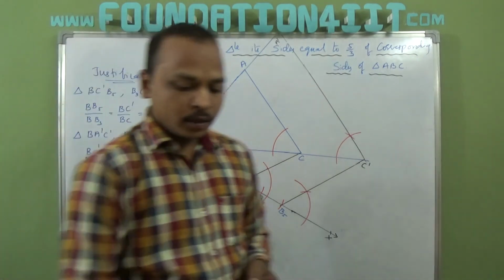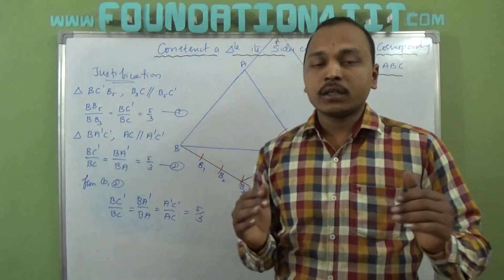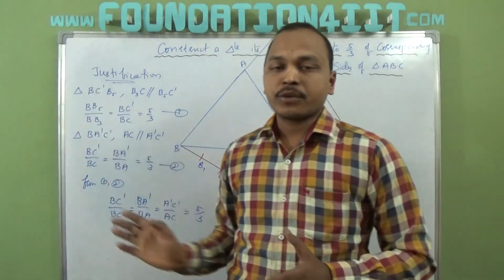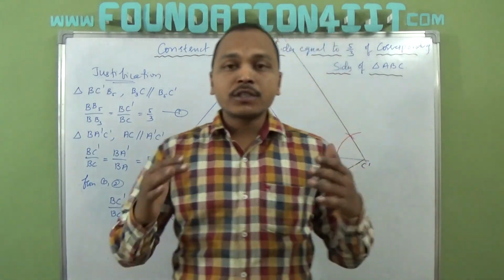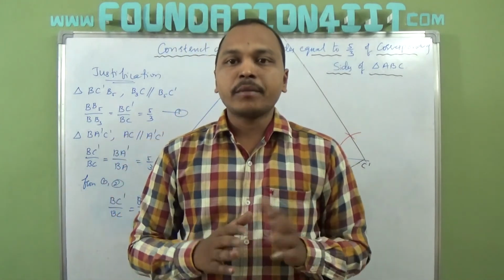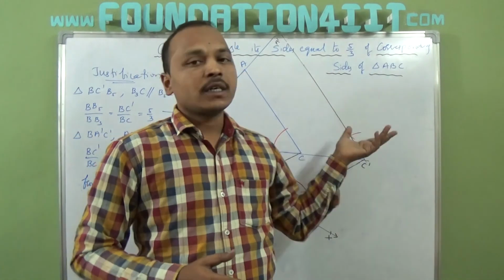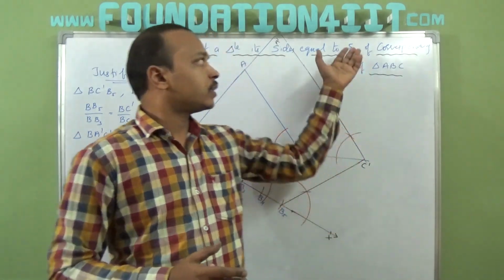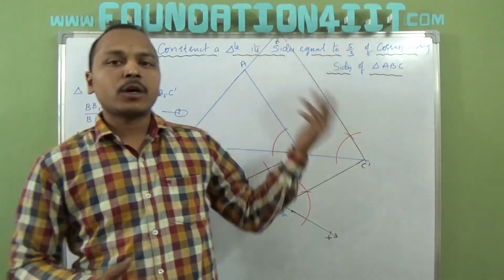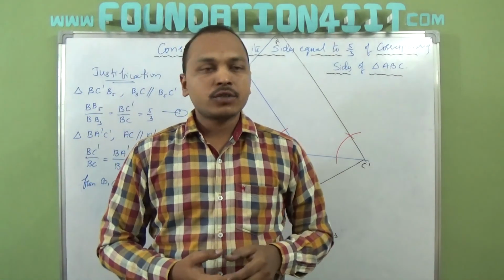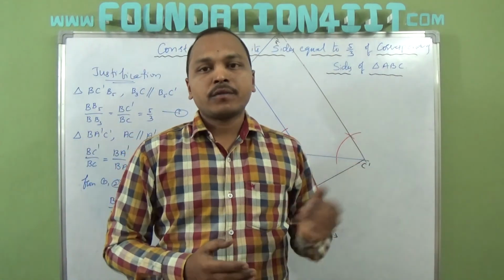So in this way we can do the justification also. Mainly the basic proportionality theorem concept is applied for the justification. So this way we can construct a triangle whose sides are 5 by 3 of the corresponding sides of triangle ABC. So 5 by 3, or any proper or improper fraction. Previously we showed a proper fraction, now we made an improper one.